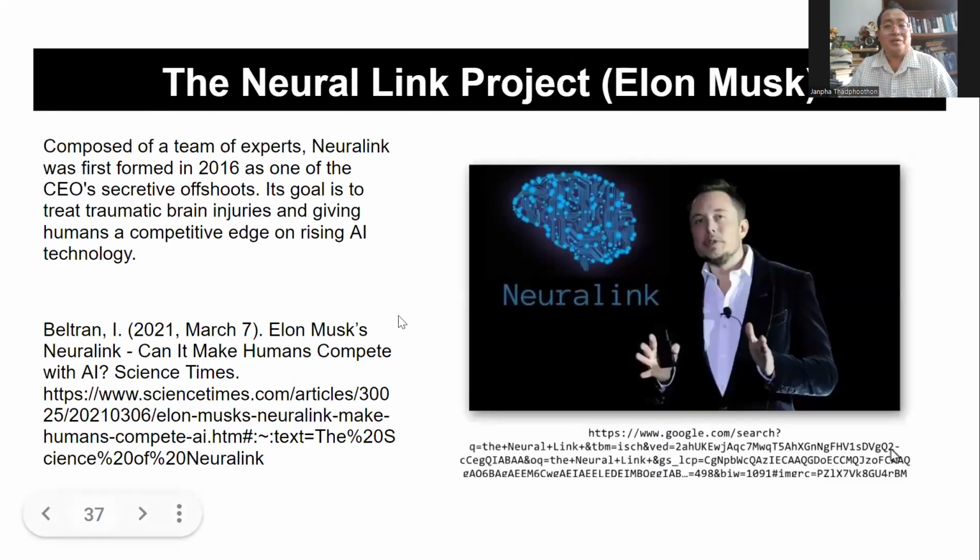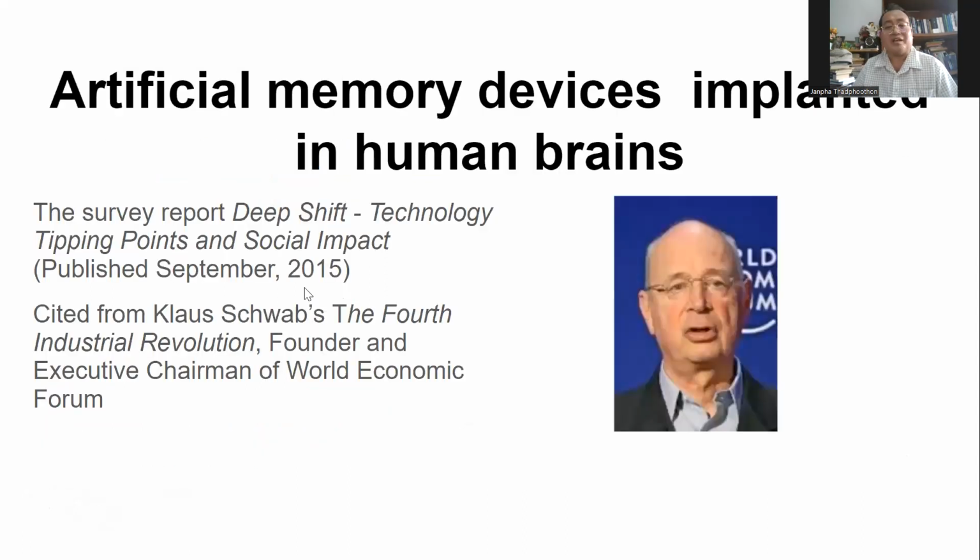Elon Musk tried to set up a community on Mars, and also enhancing human cognitive ability by implanting some chips into the human brain, so that we can also compete with AI as well. Yeah, and this is not something too far to realize.